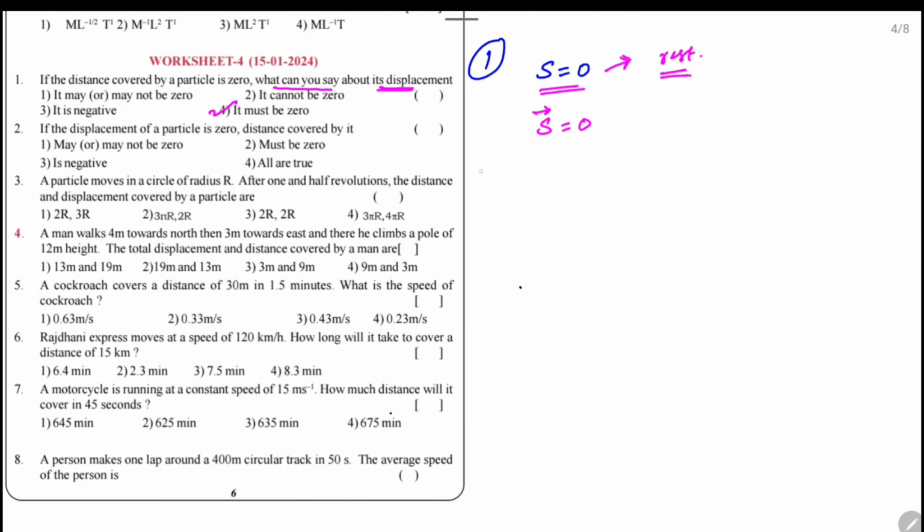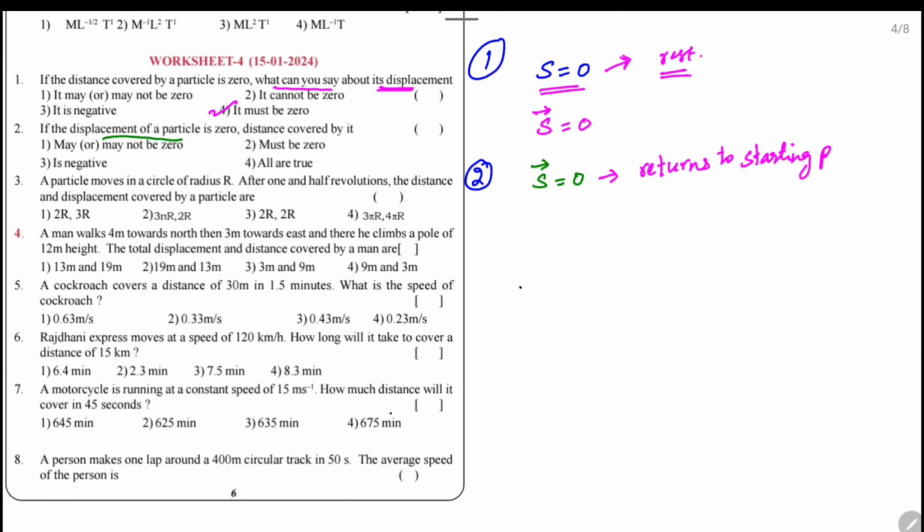Question number 2. If the displacement of the particle is 0, we know that the particle comes to its original position or returns to the starting point.